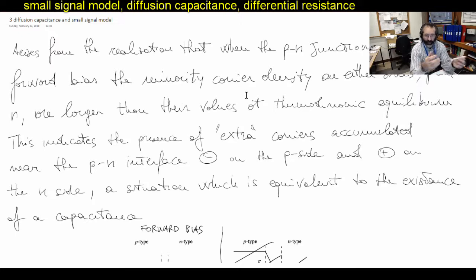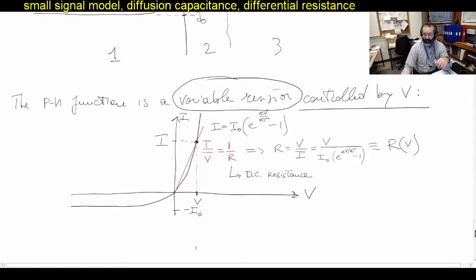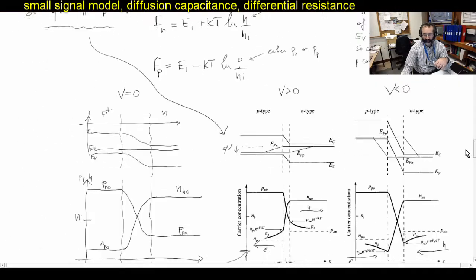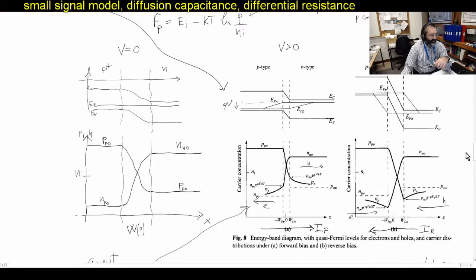I had shown you some graphs giving a representation of the charge distribution, both for holes and electrons across the junction when it's forward biased.